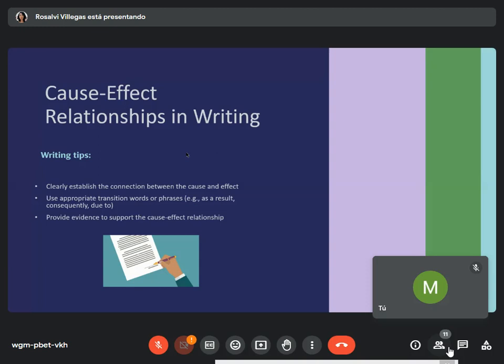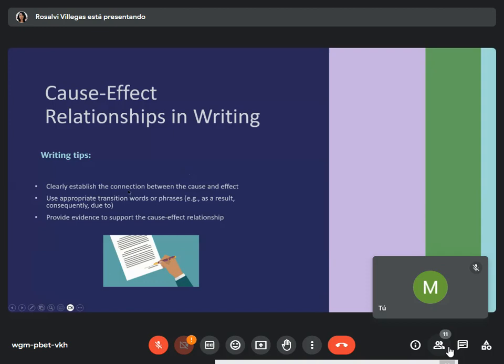But in some larger text, it's difficult to establish the cause and effect relationships, and also because not all things that happen at the same time means that they are cause and effect. There is a saying that correlation doesn't mean a cause and effect. So this is something that we have to keep in mind.